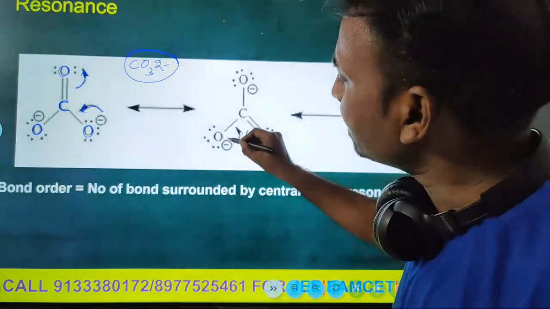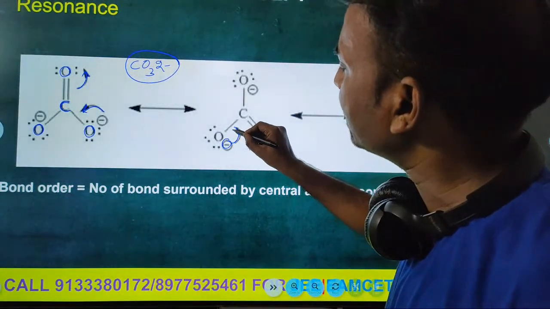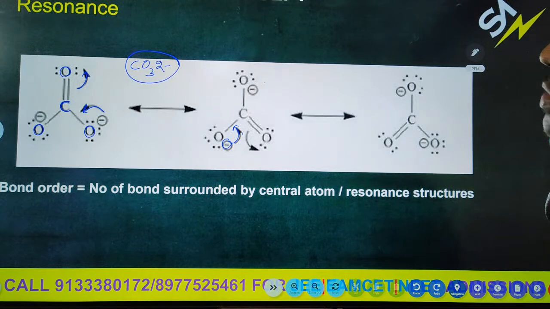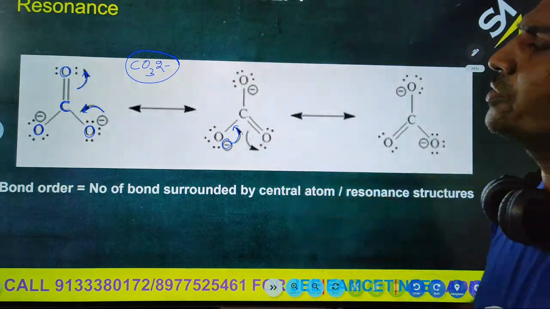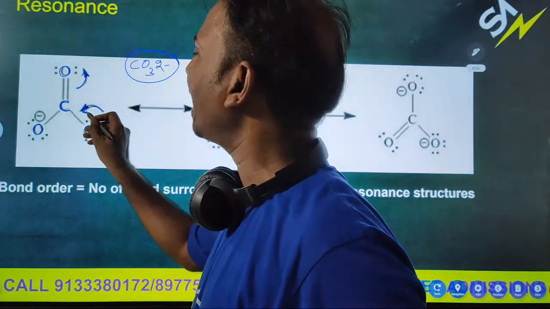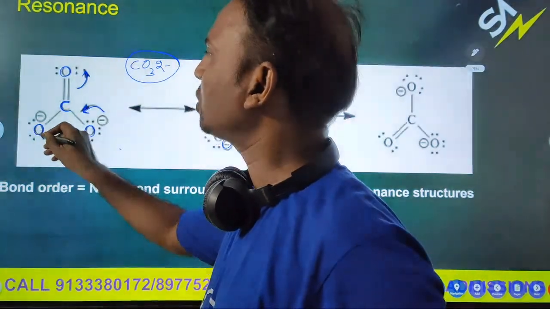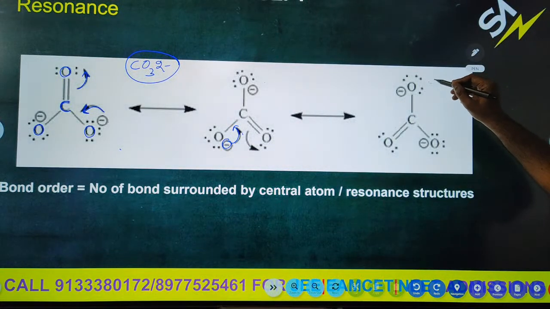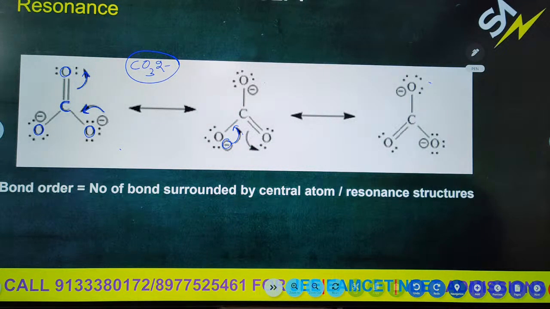Now this negative charge is shifting this side, means pi electrons or excess electrons. Like the first oxygen, here electrons are transferred. Next, this oxygen also has a chance to transfer its electrons.